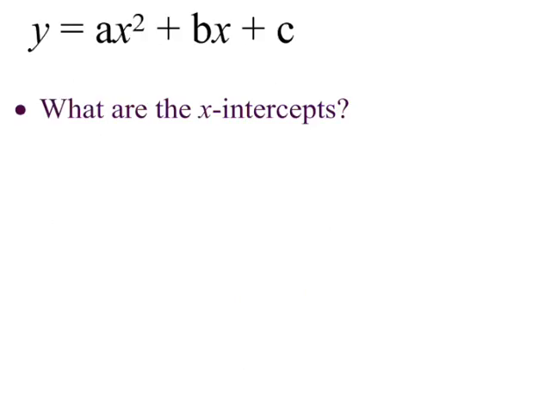All right, so if I'm looking for x-intercepts, that's the same thing as saying zeros or roots. So what I do is I factor it, and then I take each factor and set it equal to 0 and solve for x.